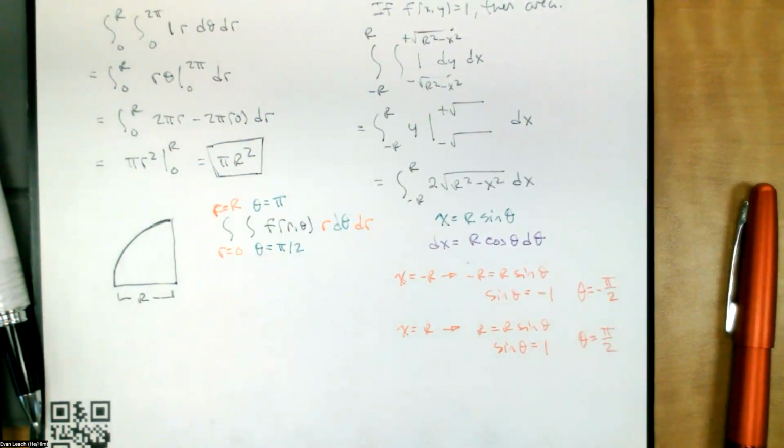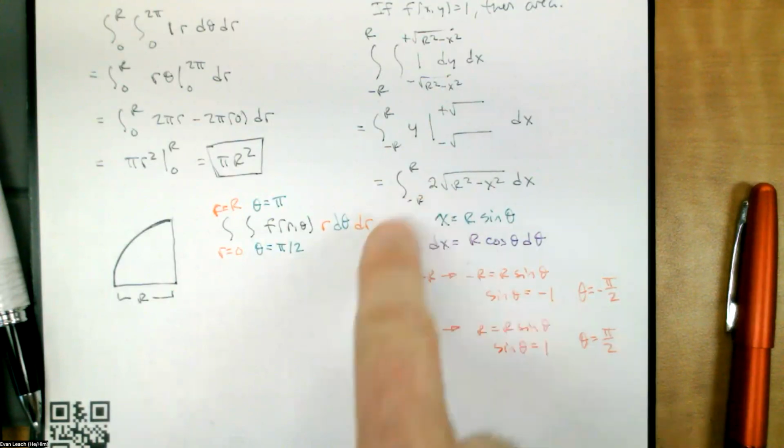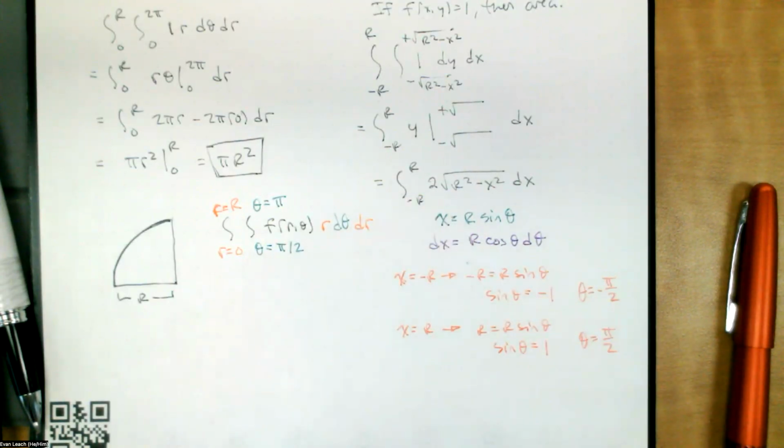That's only half a circle. That's only quadrants 1 and 4. Why is it not a problem that we're only getting half the circle when I integrate from negative pi over 2 to pi over 2? Because I got the 2 in front of the square root. Lucky us. That 2 is going to take this half circle and double it.